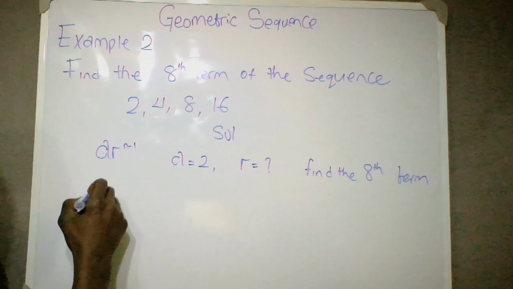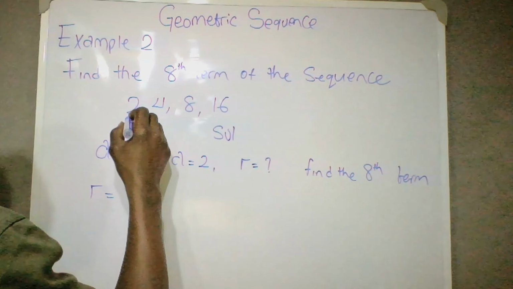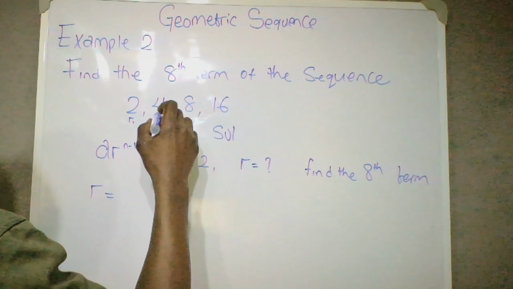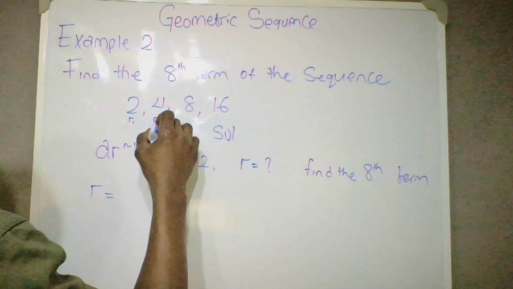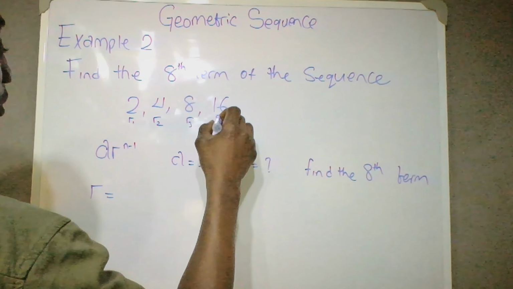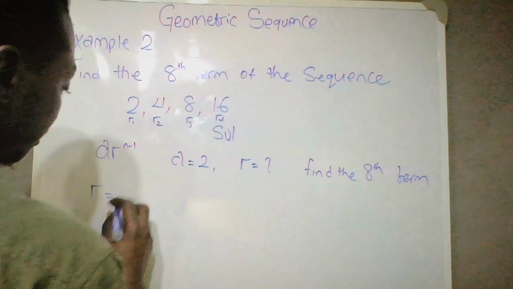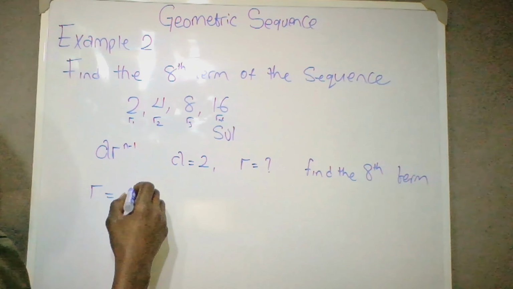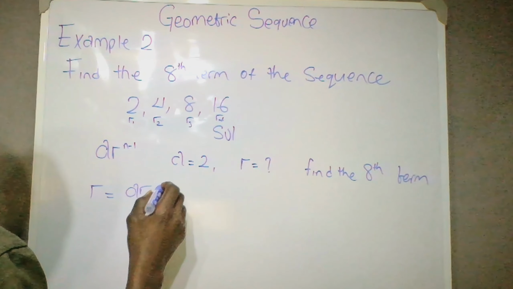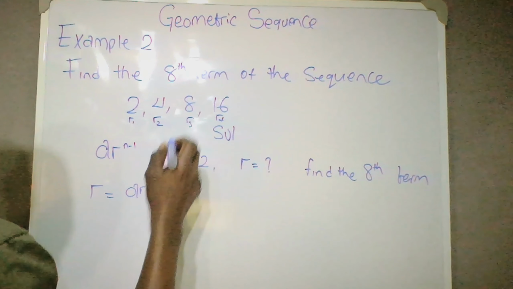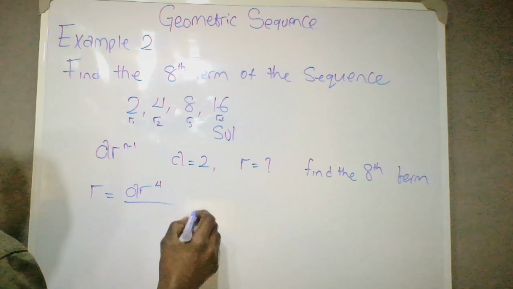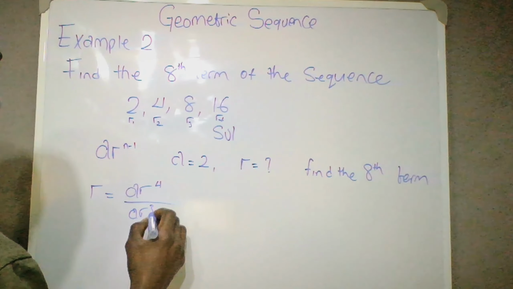To get our r, let's start with the sequence: we have r1, r2, r3, r4. As the formula dictates, we pick a r raised to power 4 over a r raised to power 3.